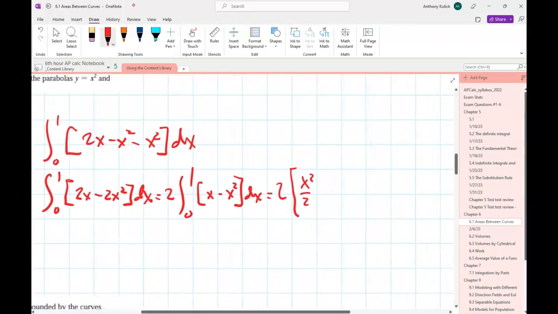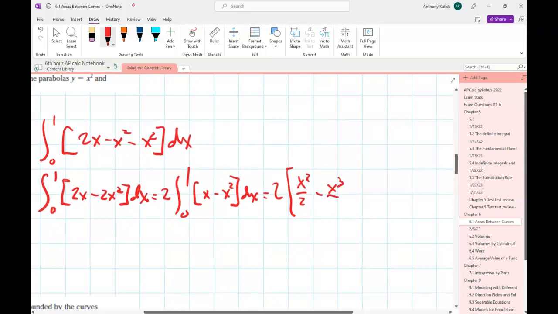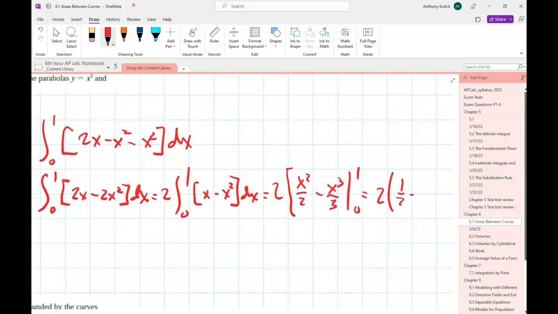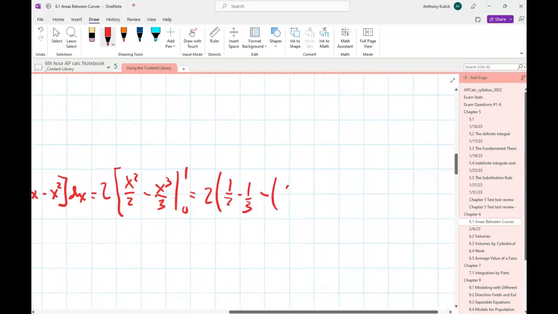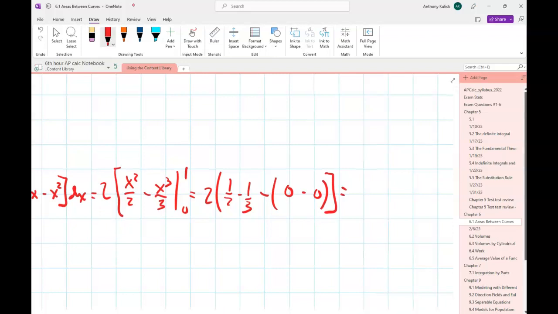The antiderivative of x squared is x cubed over 3. And then we're just evaluating from 0 to 1. So we have 2 times 1/2 minus 1/3 minus 0 minus 0. So that's 3/6 minus 2/6, which is 1/6 times 2, which is 1/3.